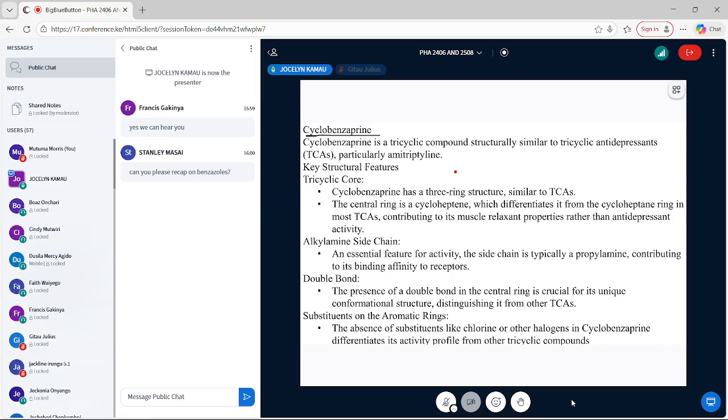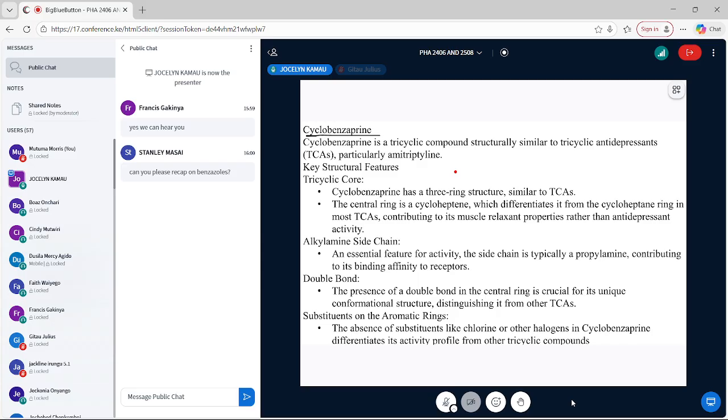Then we have amitriptyline, and we have imipramine as you move on. But for amitriptyline, protriptyline, imipramine, they are not. I think it's important for us, before we even look at the key structural features, to be able to see the structure of this compound.